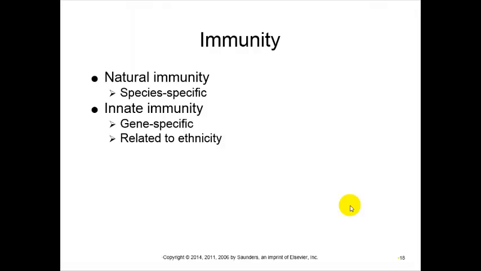So, for example, the Native American tribes before colonization were not really exposed to tuberculosis very much. So when they were, they had no innate immunity to tuberculosis. So that population after colonization experienced very high rates of tuberculosis. They had no innate immunity.